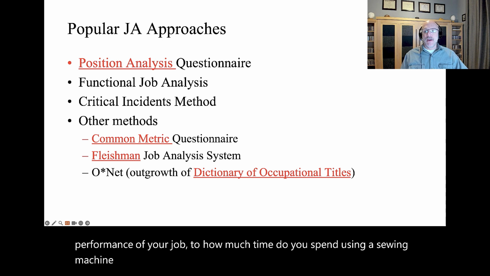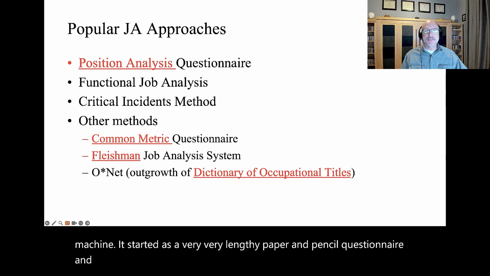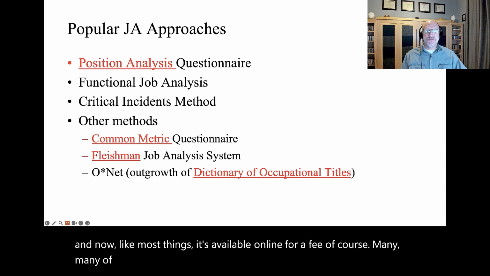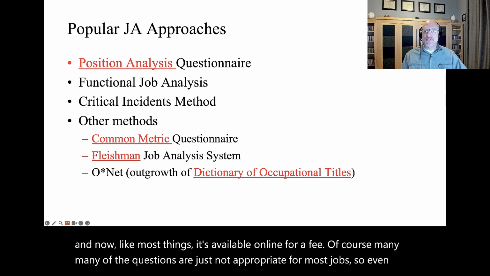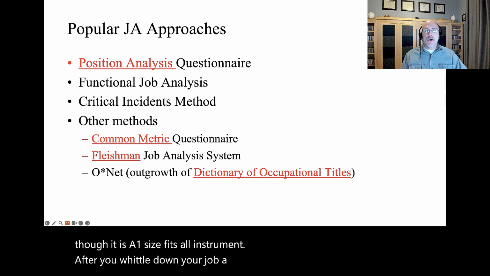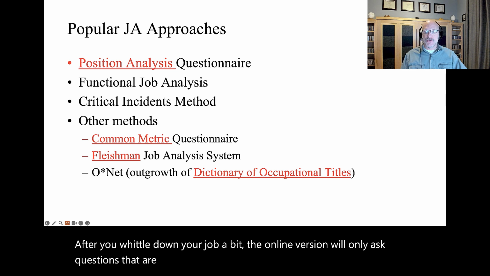It started as a very, very lengthy paper and pencil questionnaire, and now, like most things, it's available online for a fee. Of course, many of the questions are just not appropriate for most jobs, so even though it is a one-size-fits-all instrument, after you whittle down your job a bit, the online version will only ask questions that are germane to your specific job.